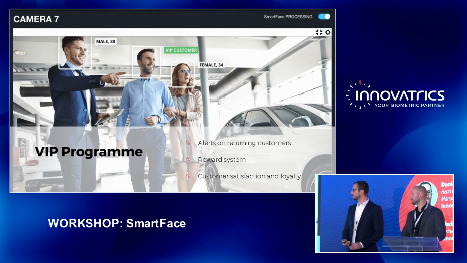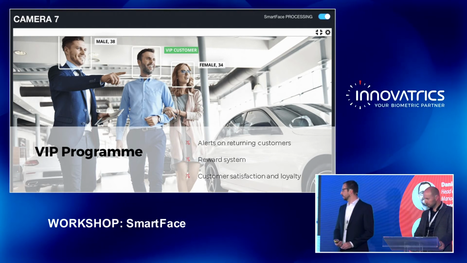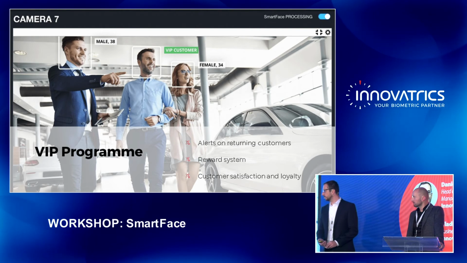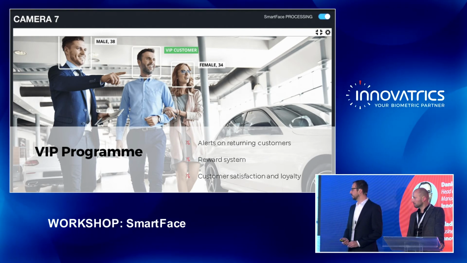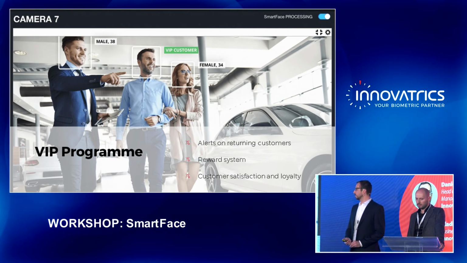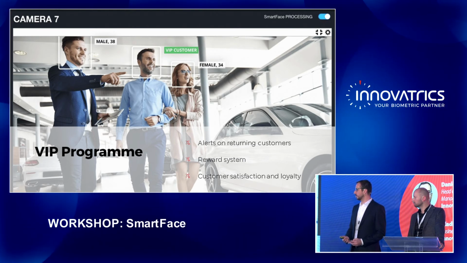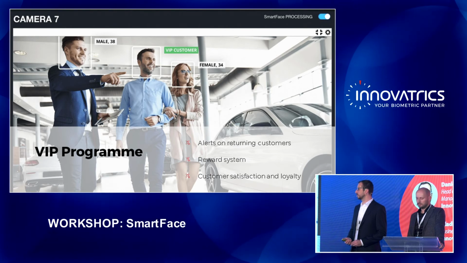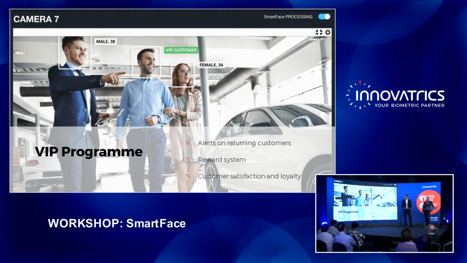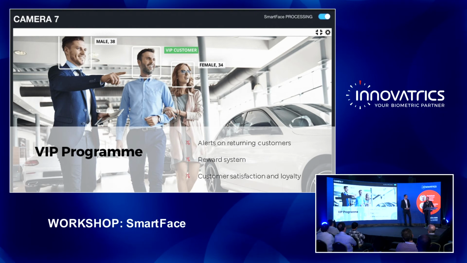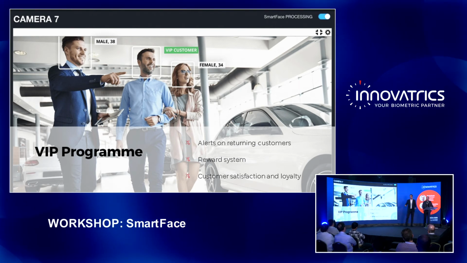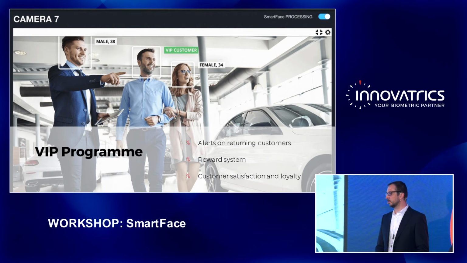The next use case is the VIP program. This is actually a real use case from one of our customers. Imagine that you set up the watch list in a way that you put your VIP customers into the watch list. As soon as they enter the premises of the store, or basically any point of sale, you get instantly notified.